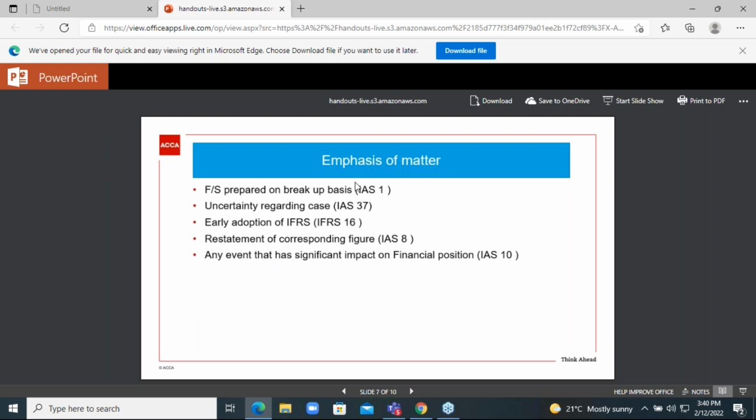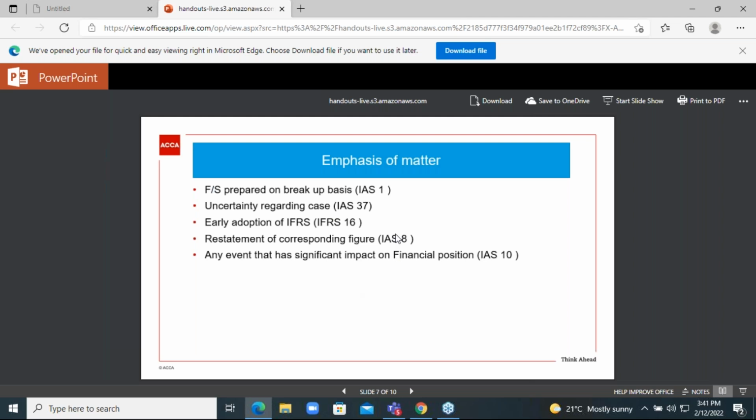So all these factors can be part of the emphasis of matter paragraph if auditors think that they are important and they should be communicated to the persons charged with governance or to the shareholders. So as we emphasize this matter and give place to these points in our audit report, we are protecting ourselves against any professional negligence case.